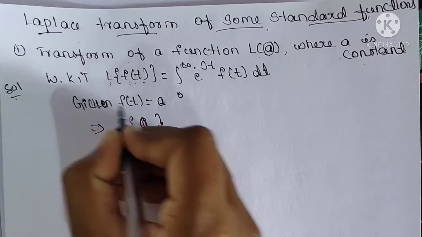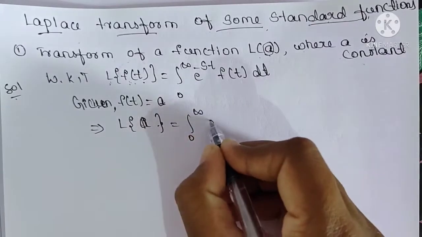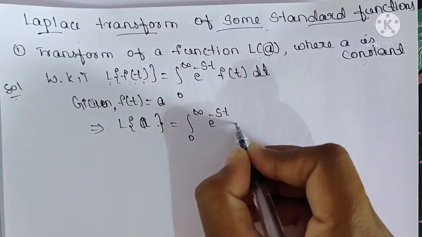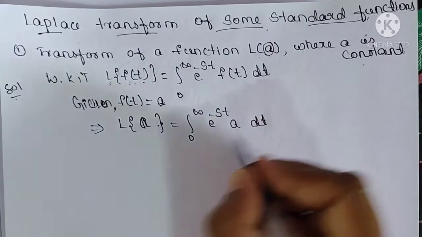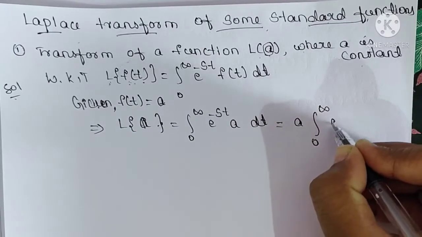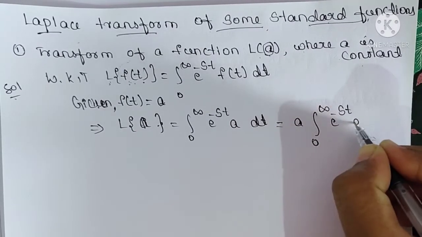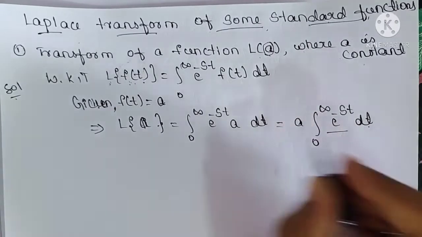Given f of t is equal to a, equals 0 to infinity e power minus st a into dt. See here a is constant, you take it out, remaining 0 to infinity e power minus st into dt. Now integrate this function with respect to t.